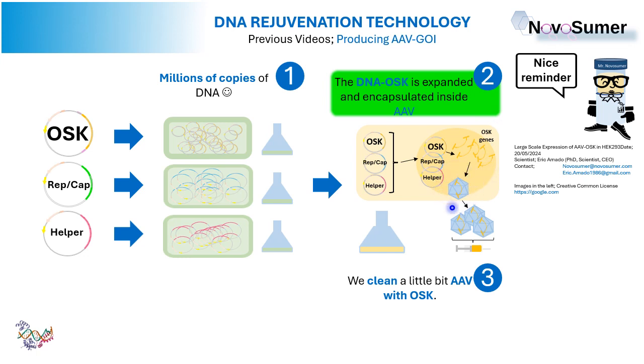And the third and last step will be purifying, cleaning these EV particles, leaving them ready to work, ready for delivery, for helping us to keep ourselves young, healthy again. So let's go for it.